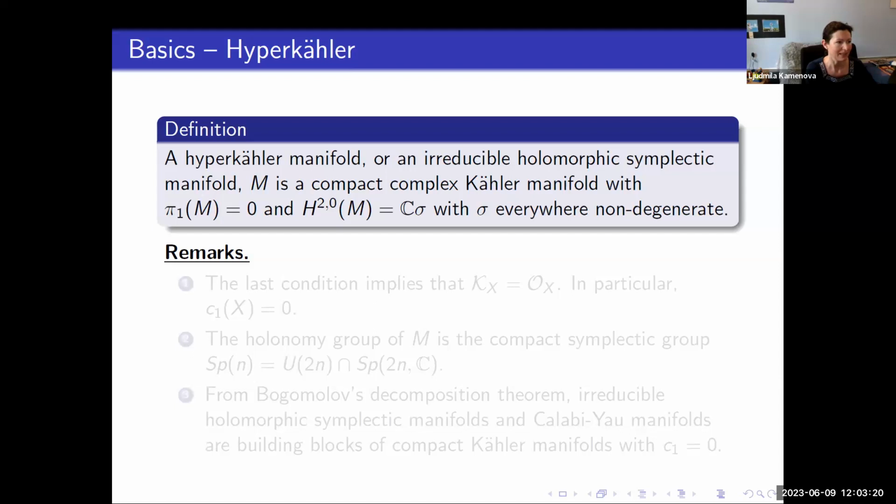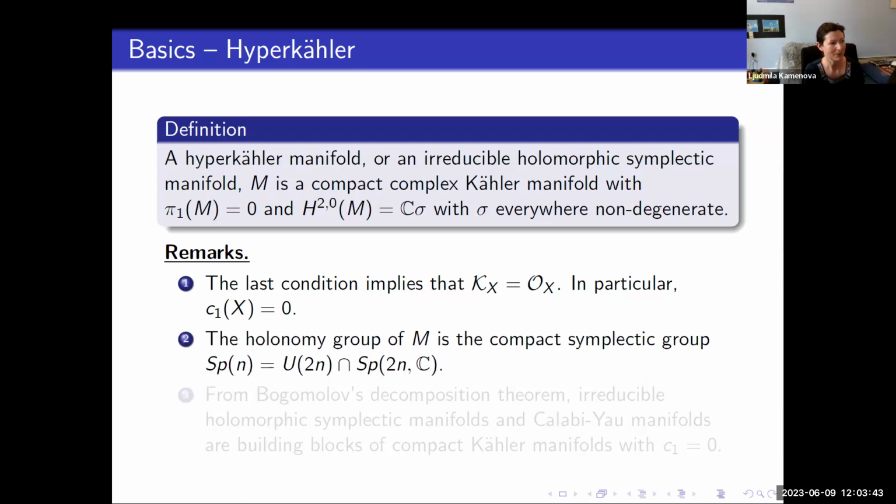Having an everywhere non-degenerate 2-0 form implies that the canonical sheaf is trivial, because when you take a wedge of this form enough times, it gives you a global non-vanishing section of the canonical sheaf. Then from the differential geometry point of view, hyperkähler manifolds have holonomy group the compact symplectic group Sp(n).